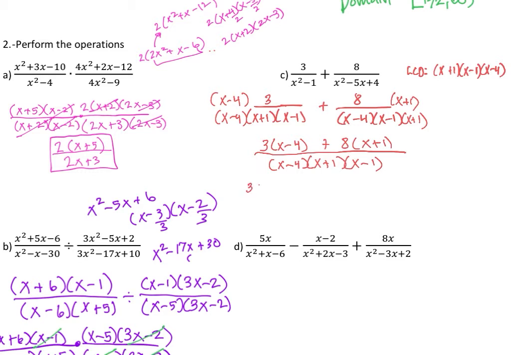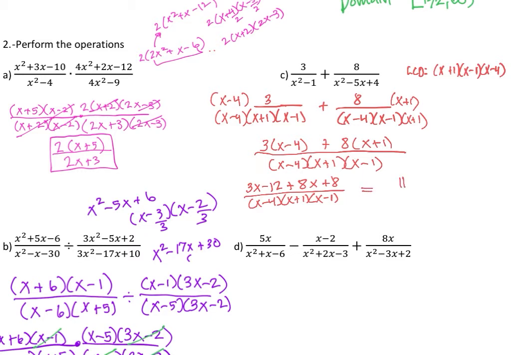We have 3x minus 12 plus 8x plus 8 all over my LCD, which is x minus 4, x plus 1, x minus 1. Okay, combine like terms.